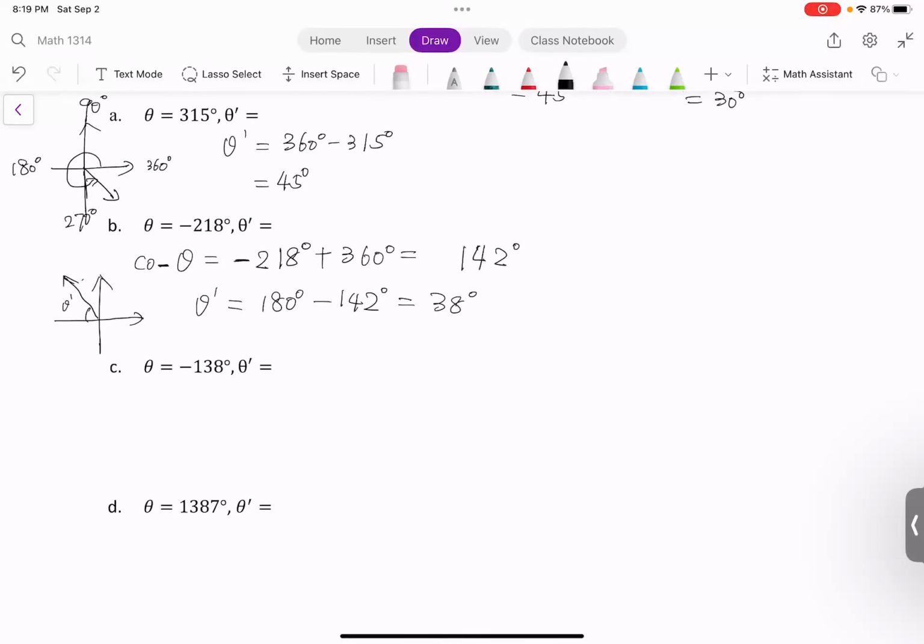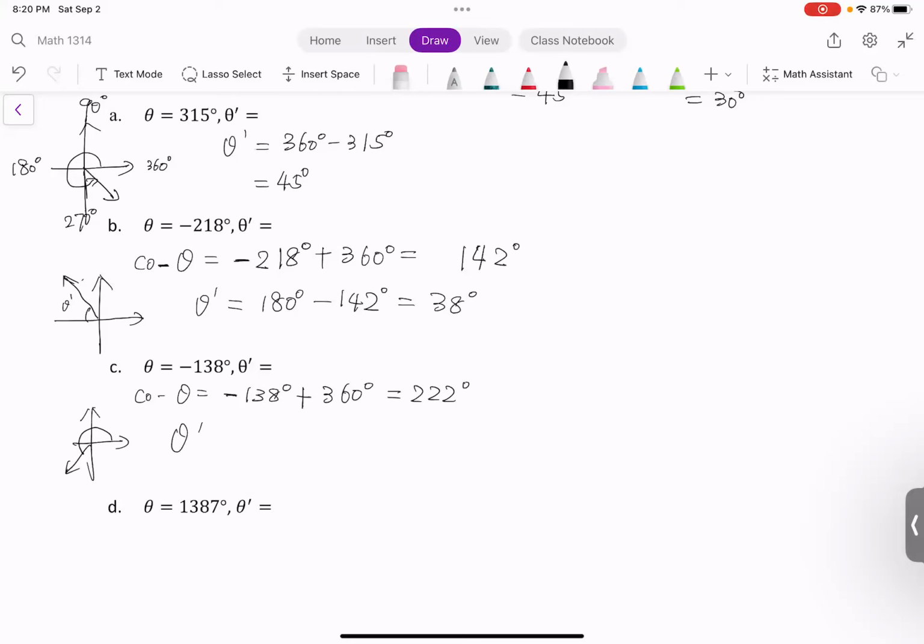How about the next one? We said we do not like the negative angle. Let's find its coterminal angle. Use negative 138 plus 360. We can use our calculator to find this. So that's 222 degrees. And 222, where is it? It's in the third quadrant, because from here to here is 180 and then we continue to rotate into the third quadrant.